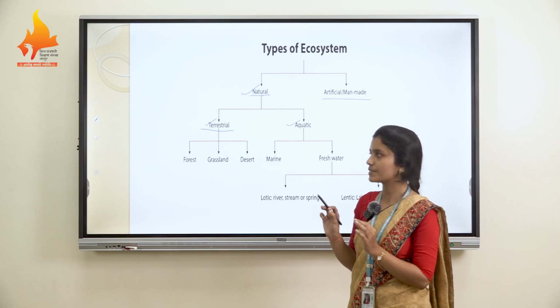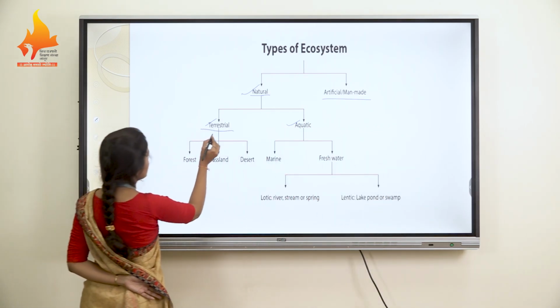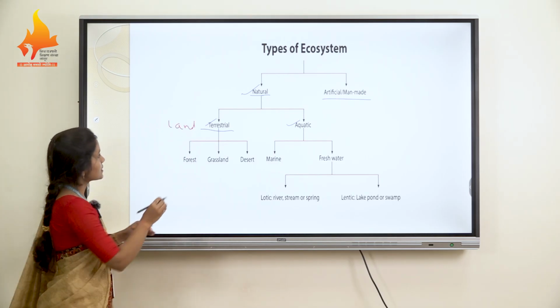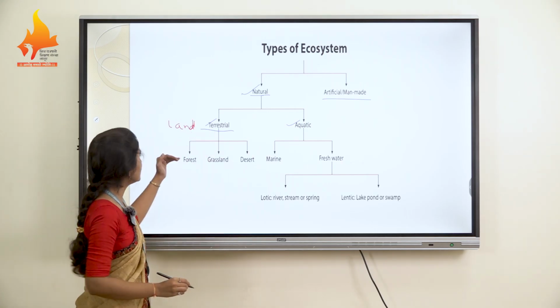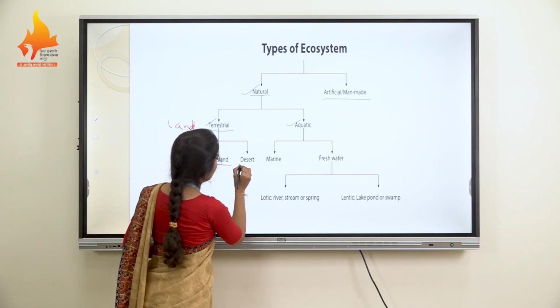The terrestrial ecosystem is the ecosystem which develops on land. Examples of the terrestrial ecosystem are forest, grassland and desert ecosystems.